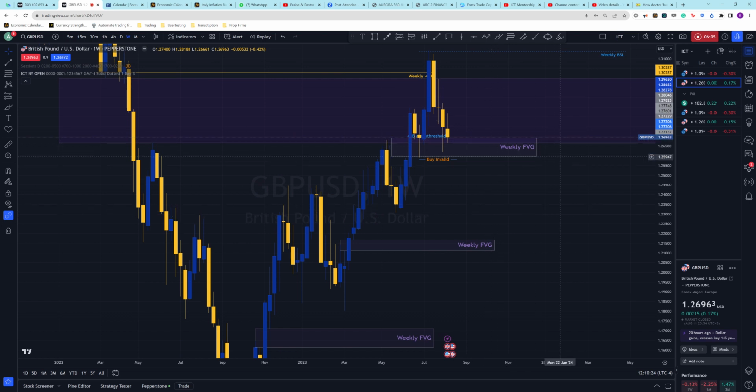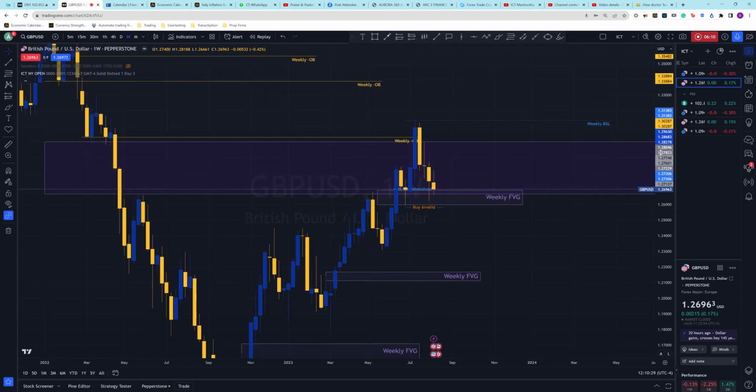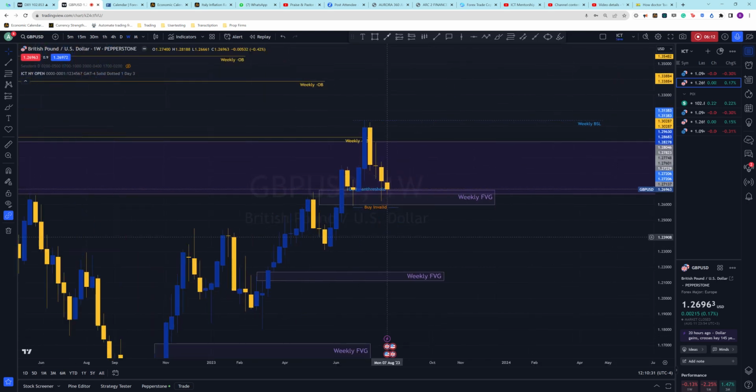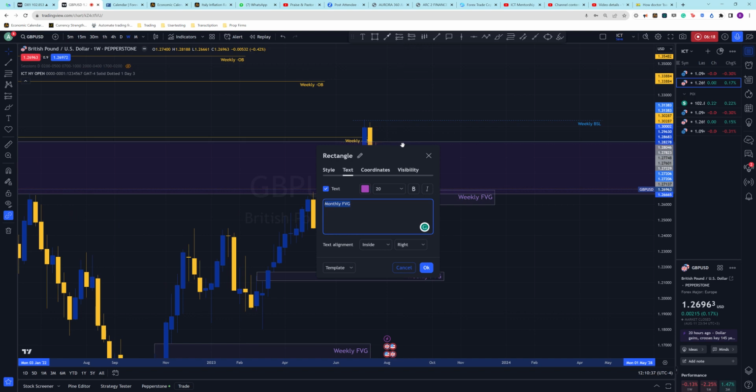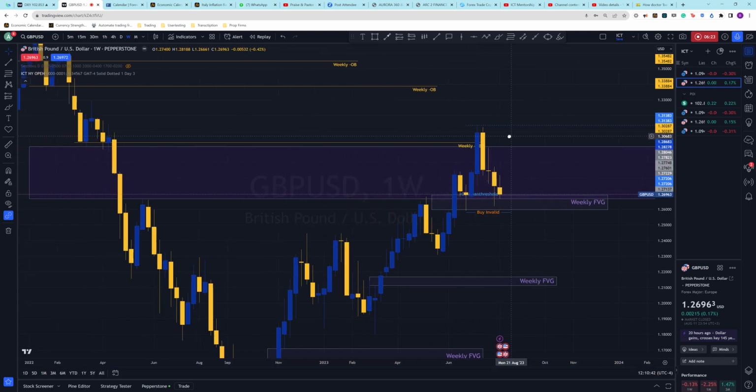We see price in a steady uptrend on the weekly for GU, that's the pound versus the dollar. Price has crossed the fair value gap here, and it's up into the weekly order block here.